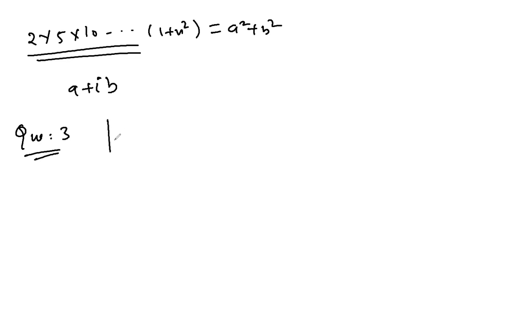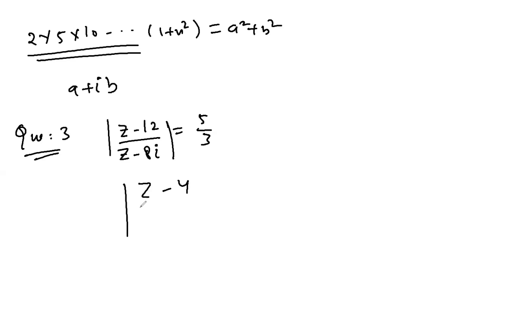Here you have two complex numbers as a ratio, modulus of z minus 12 divided by z minus 8i is equal to 5 by 3. Now you calculate, or you will get a quadratic equation and you have to find the value of x and y correspondingly.